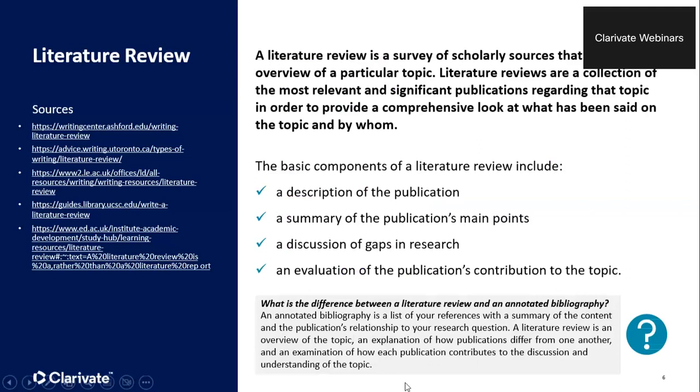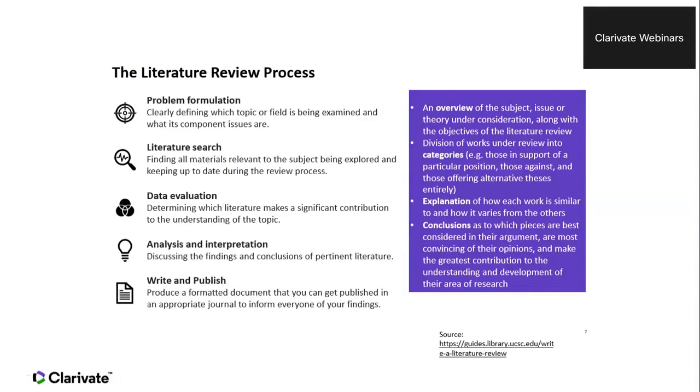The literature review process: we start with problem formulation, clearly defining which topic or field is being examined and what its component issues are. We also try to understand the literature search by finding materials relevant to the subject being explored and keeping up to date during the review process.